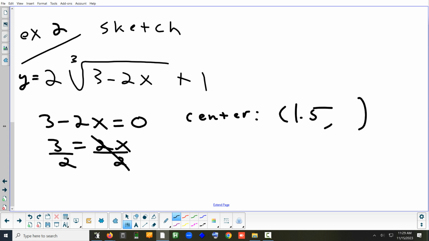What's the cube root of 0? 0. And then times 2, still 0. Plus 1, 1. That's really the only number that affects the y value of the center. It's the number that you add or subtract outside the root. Everything else is a 0. So that's your center.